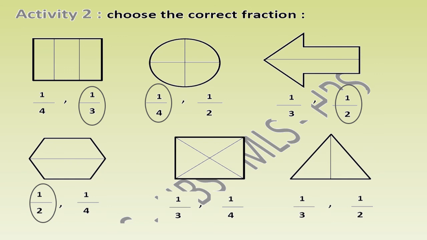And this rectangle is divided into 4 equal parts. Each part is 1/4. Super. And finally, this triangle is divided into 2 equal parts. So each part of them is what? It's a half. Excellent, Primary 2.